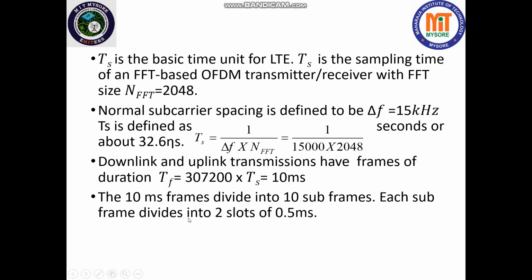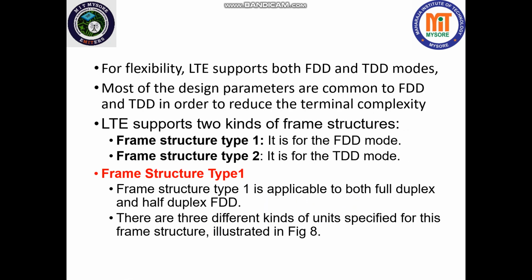Each subframe divides into two slots of 0.5 millisecond. This is the general skeleton of any frame in LTE. It is 10 milliseconds in length, in that 10 subframes will be there, and each subframe will be divided into two slots of 0.5 millisecond.